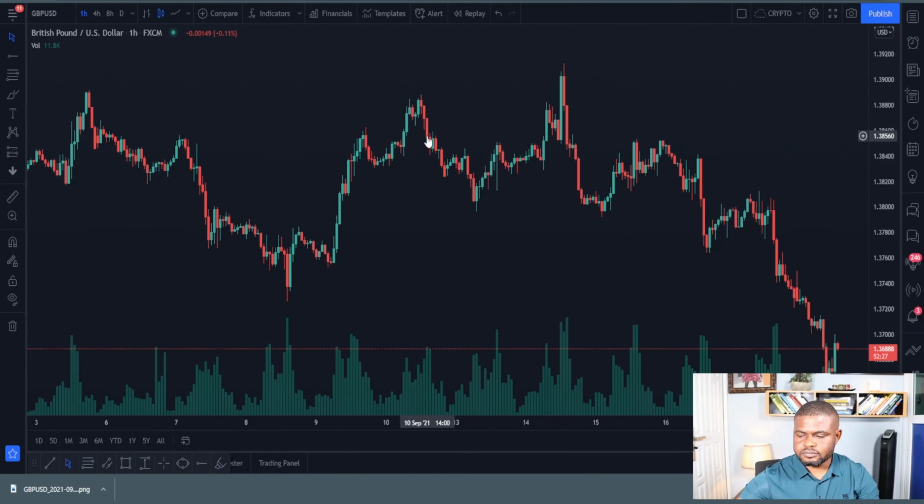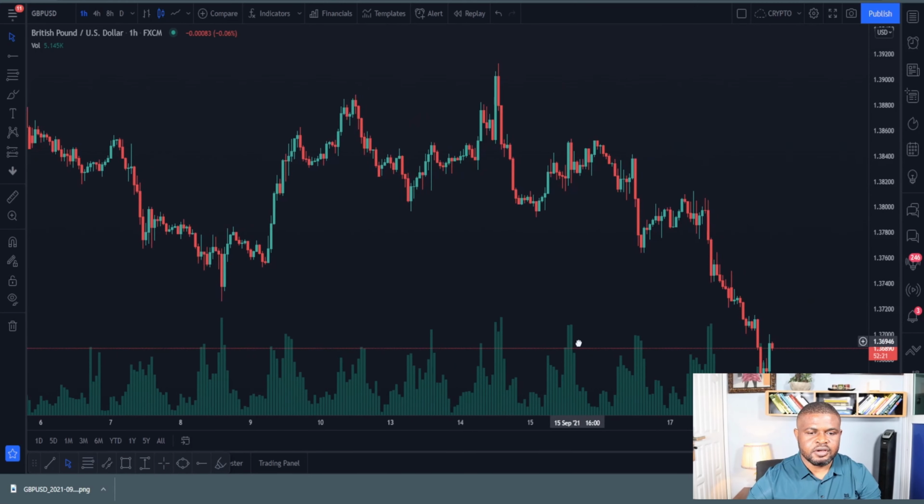Without wasting more time trying to use terminology, grammar, and the rest, let's get straight to the chart. Let me draw, then show you what I'm trying to say on the chart, shall we? Yeah, this is a British pound USD chart.